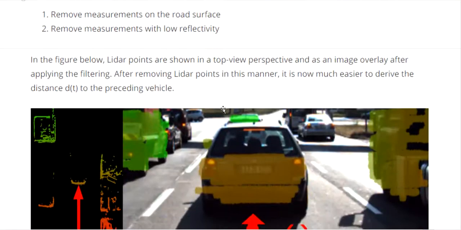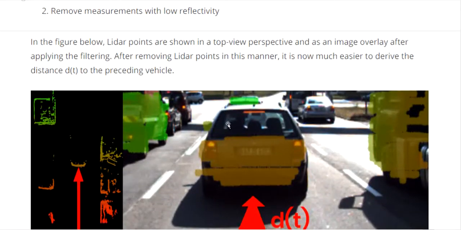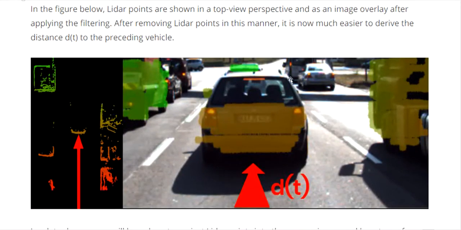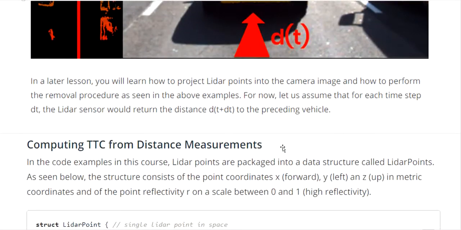The result here shows the LiDAR points in a top view perspective as an image overlay after filtering. After filtering, we don't need the data points on the road surface. We only keep the main points right here. After removing those LiDAR points, it is much easier to derive the distance d to the preceding vehicle.